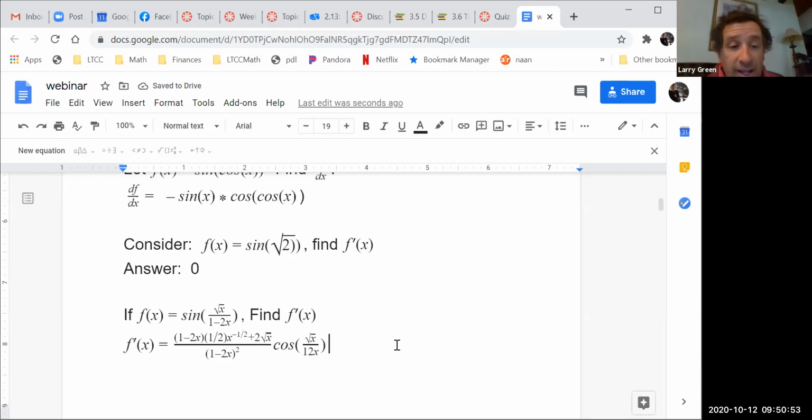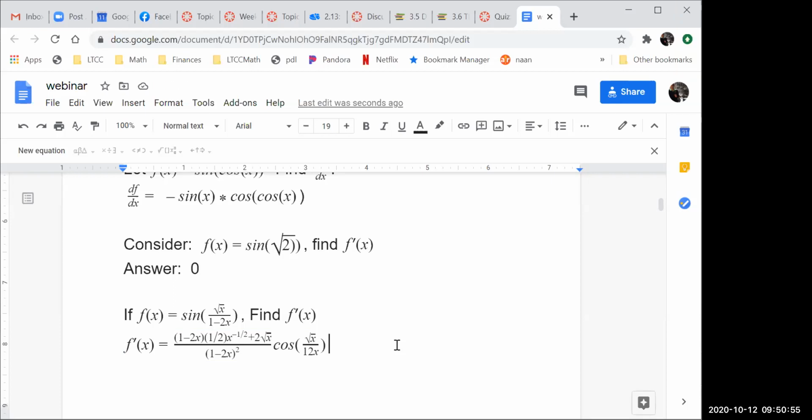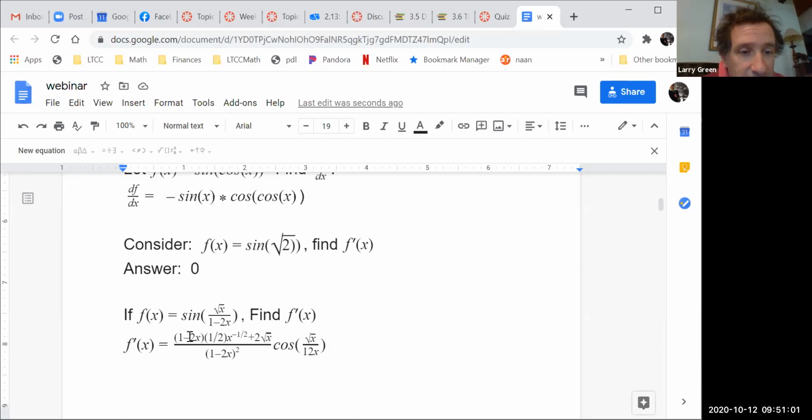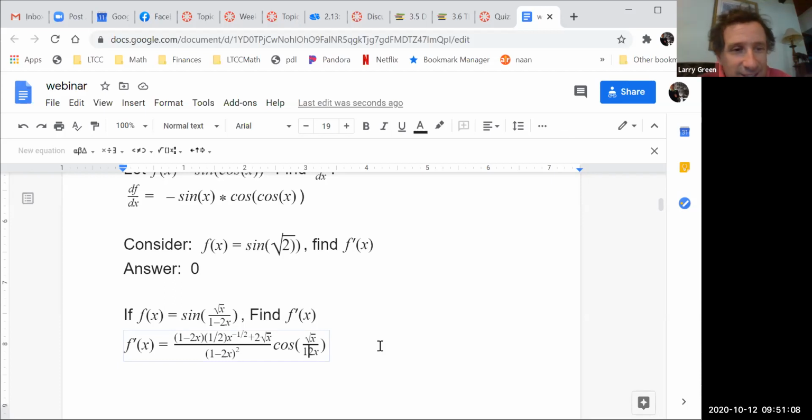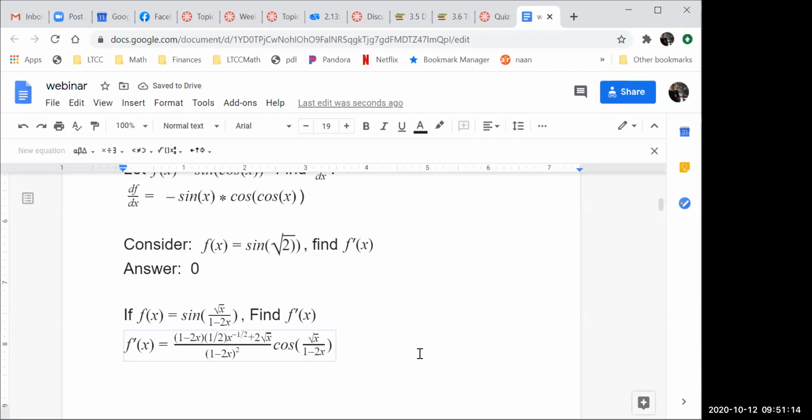Do I need to simplify it? Larry, you get rid of the minus between 1 and 2x? Oh, I lost it. Let me see. I think you're right. At the end, you have over 1 minus 2x. Oh, yeah. It's definitely not over 12x. That's weird. I tried to copy and paste, but I guess it didn't paste right. There we go.